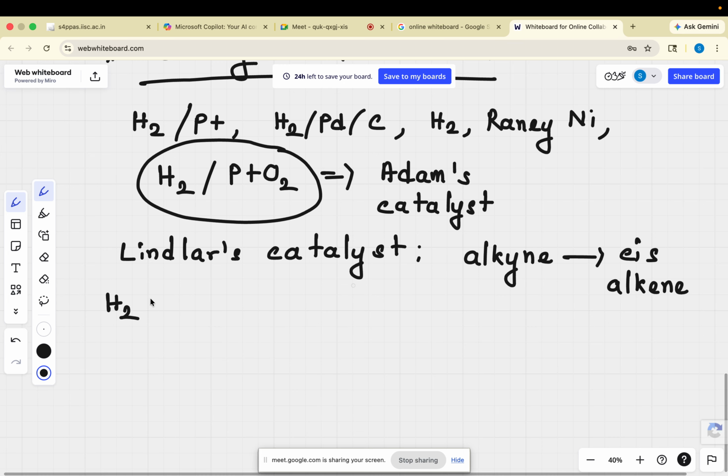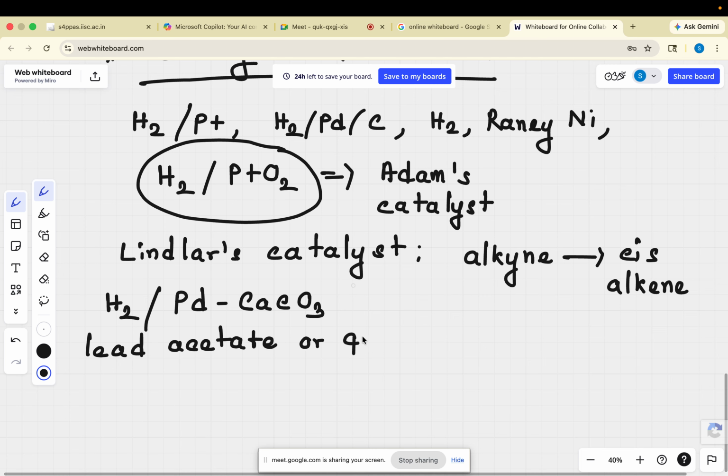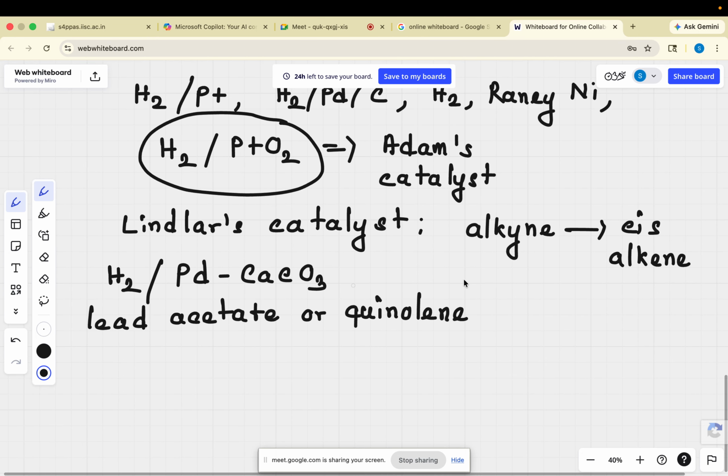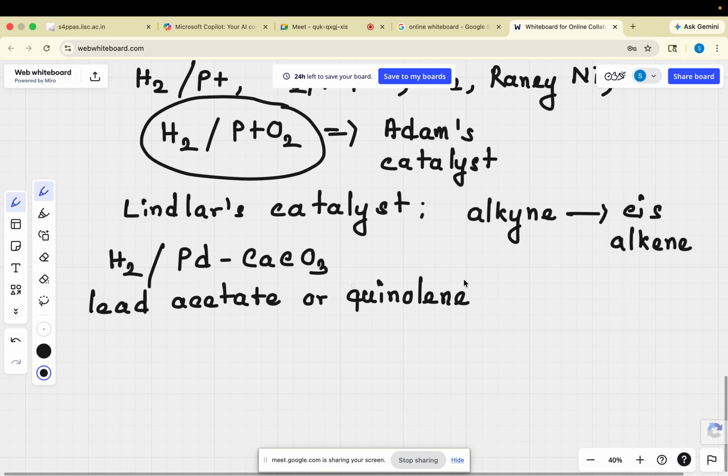Hydrogen in the presence of palladium, calcium carbonate, and lead acetate, or you can use quinoline. So this is basically your Lindlar's catalyst.